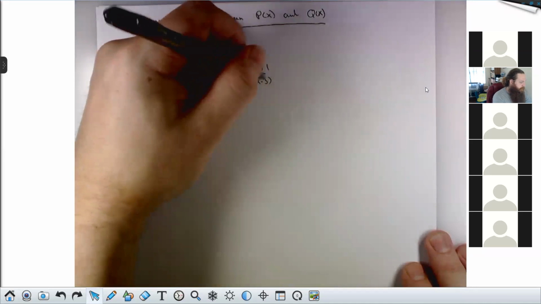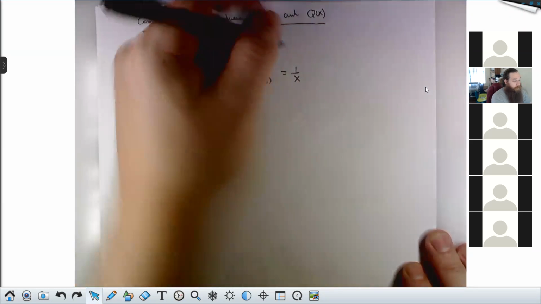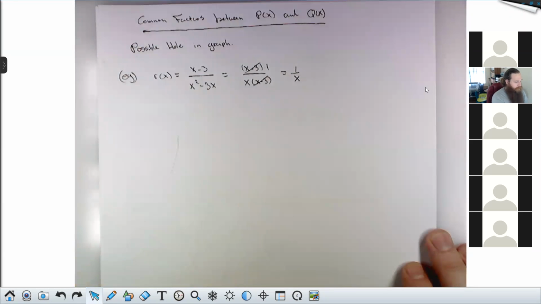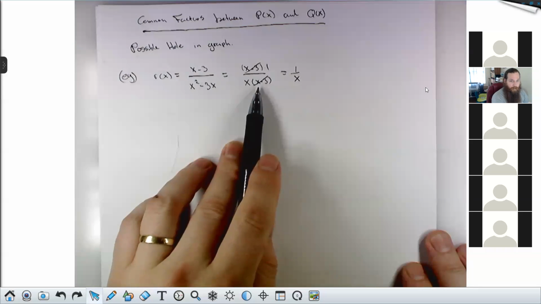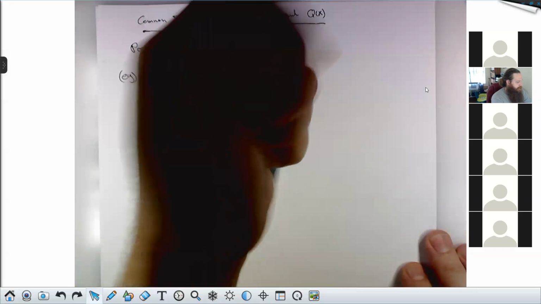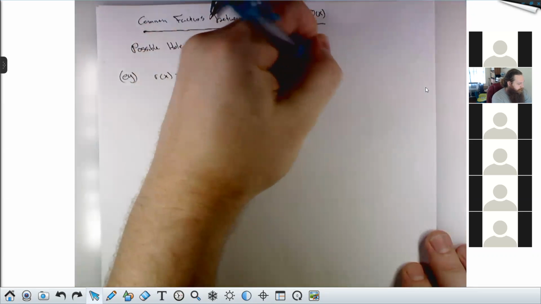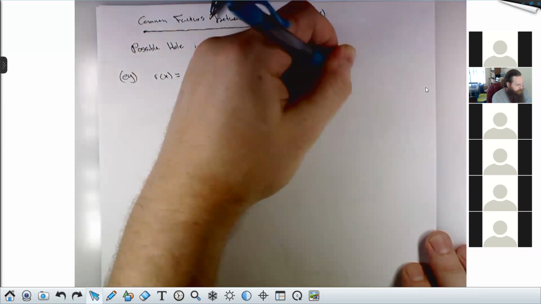So you can cancel these, and you see that this is really just 1 over x. But the original function would have been 0 in the denominator when you plug 3 in. So this is true only as long as x minus 3 is not equal to 0, i.e. x is not equal to 3.